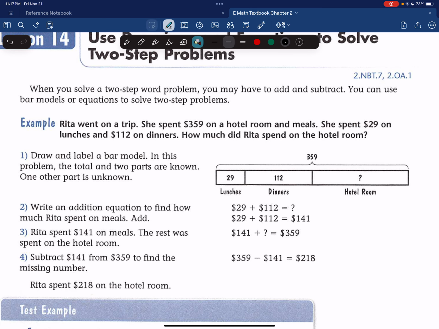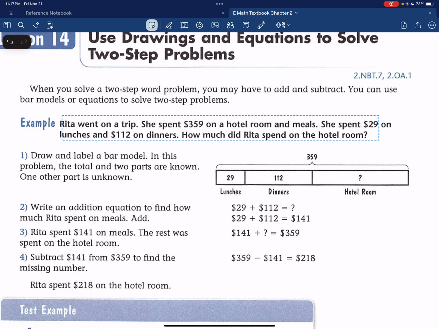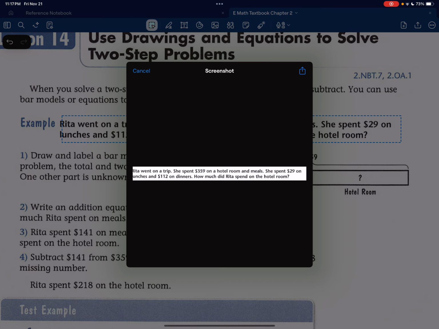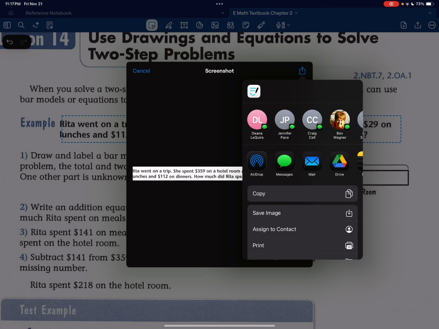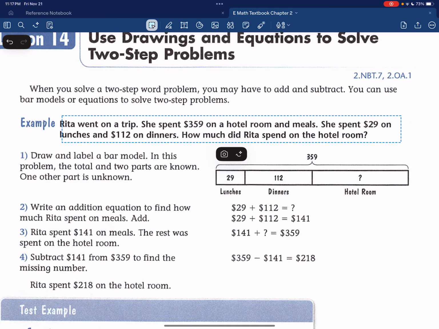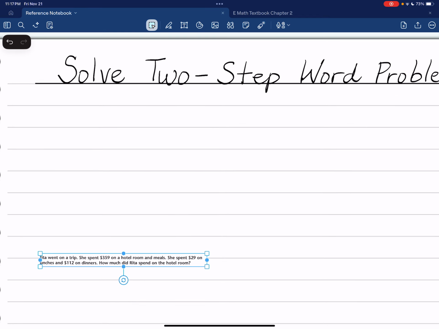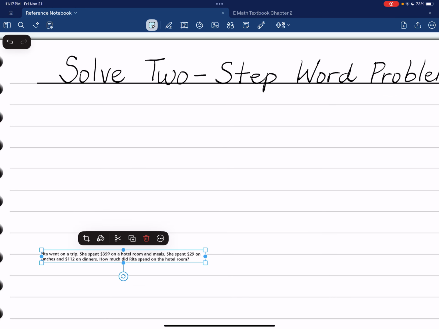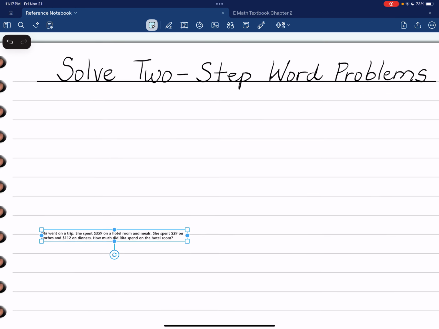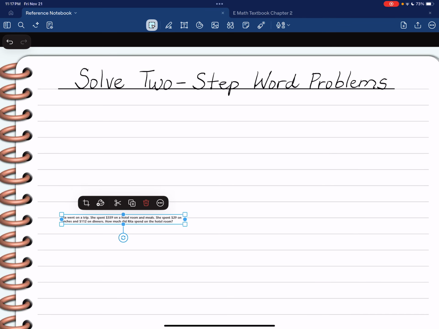The first thing I want to do is copy this problem into my notes. So let me just take a quick picture, and we will go to our notes and write this one down. And remember, you can pause the video if I'm going too fast, or you can speed it up if I'm not going fast enough.